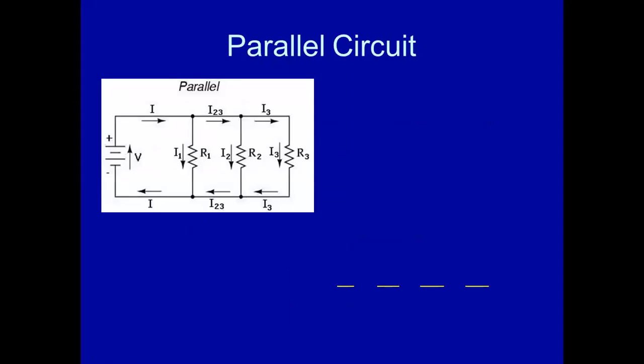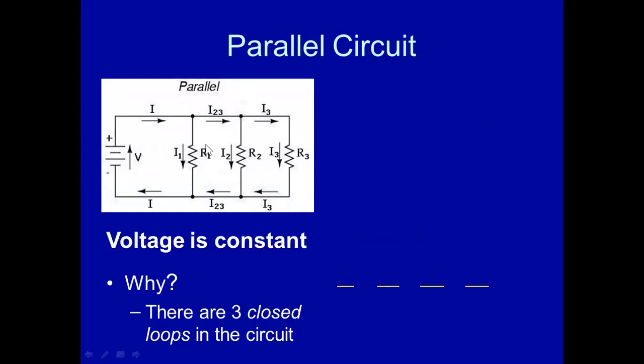Then we have your parallel circuits. Okay. For parallel circuits, your resistors are connected node to node. As you can see here, we have a separate node for your third resistor and a separate node for your second resistor here, as well as here for your first resistor.